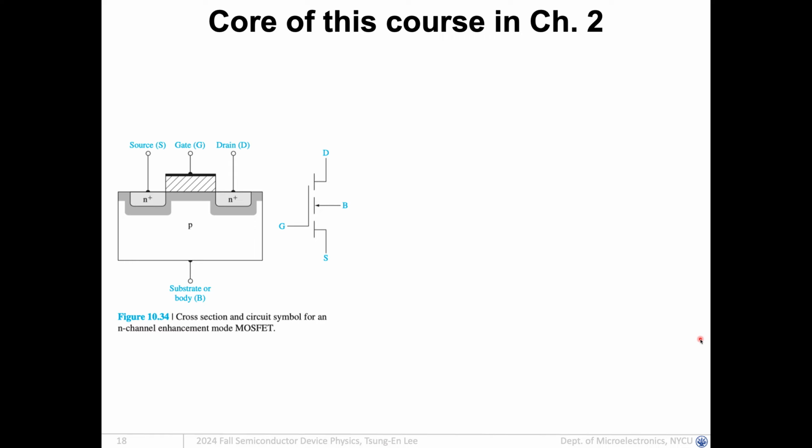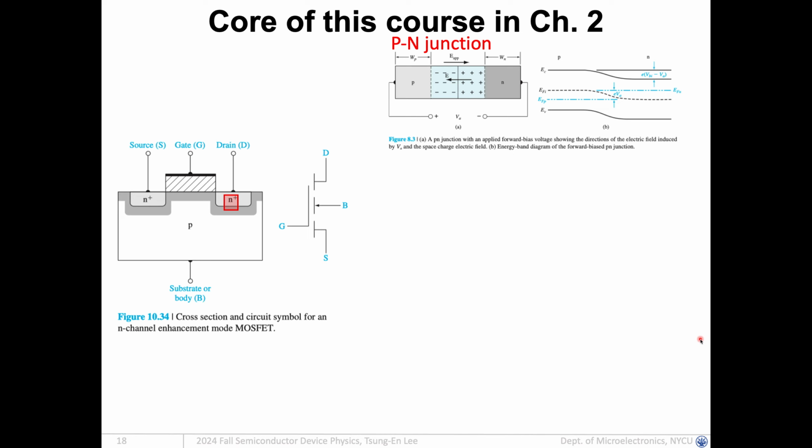And the core of this course in chapter 2 is we want to understand the MOSFET from the learning in chapter 1. As I mentioned, I divide them into 3 parts. First part is the PN junction inside the MOSFET. So we need to start from what is a PN junction, and what is the state at equilibrium, the forward bias and the reverse bias.